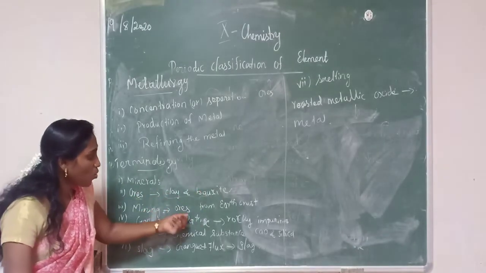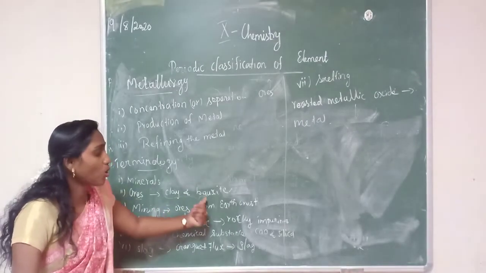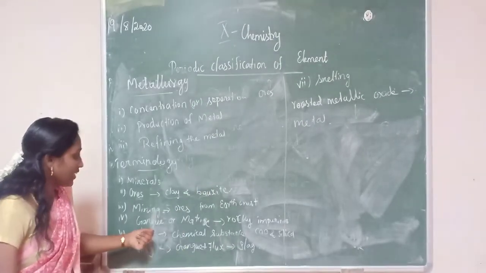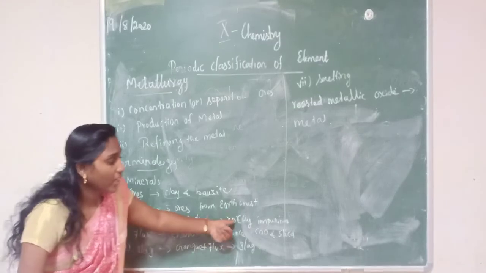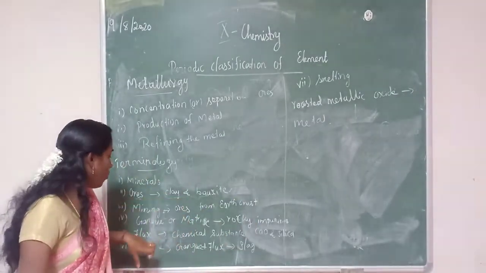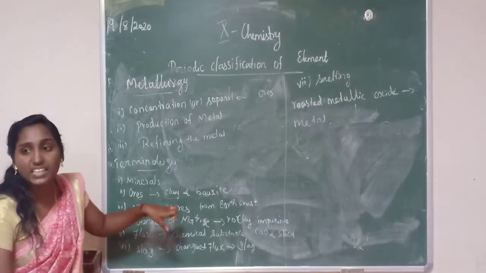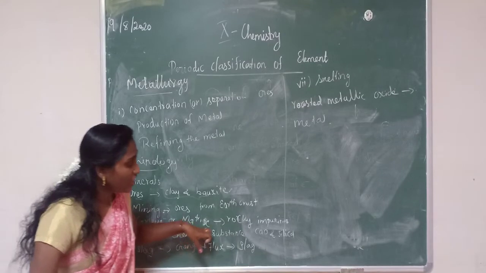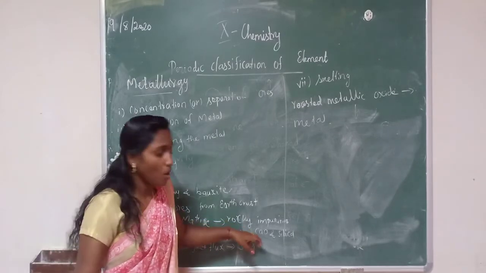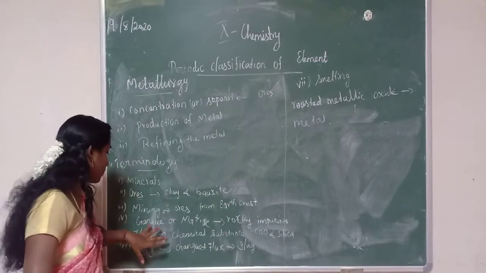Mining is the process to extract the ores from the earth crust. Gangue or matrix means the rocky impurities associated with ores. Flux is a chemical substance added to remove the impurities. Mostly calcium oxide and silica are added to the ore.